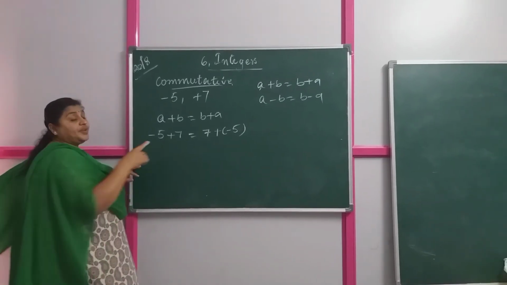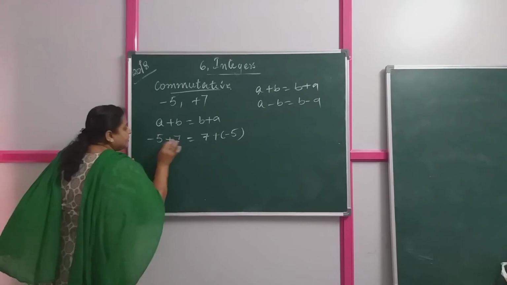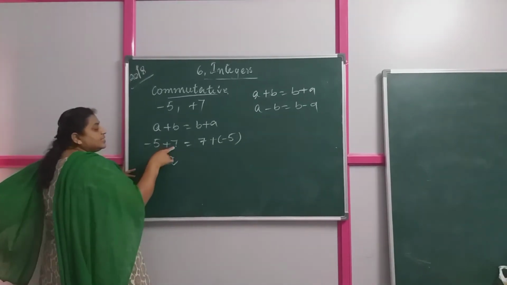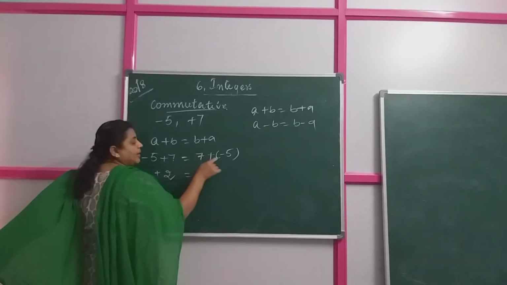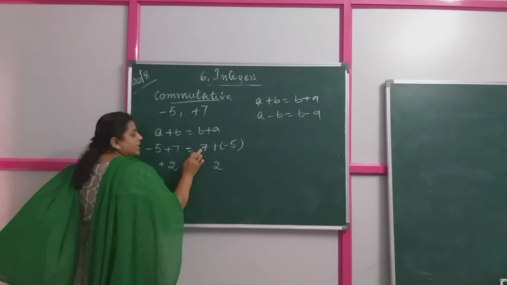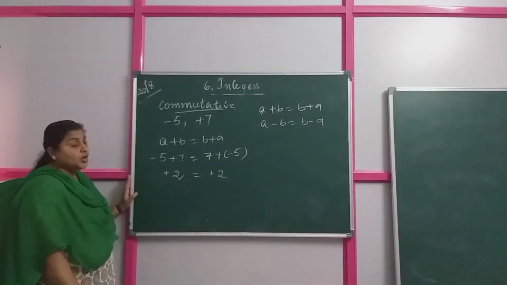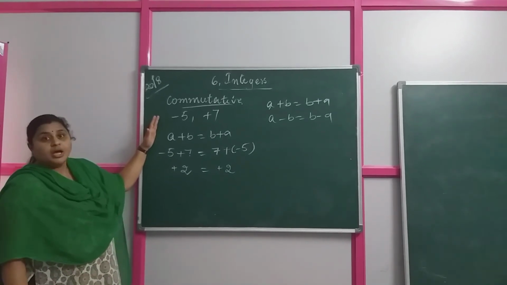What are we going to do? We have to subtract and give the greater number's symbol. 7 minus 5 is 2. Since 7 is greater, plus 2. Again, one is plus, one is minus. 7 minus 5 is 2. 7 is greater, plus 2. So addition of integers is true for the commutative property.